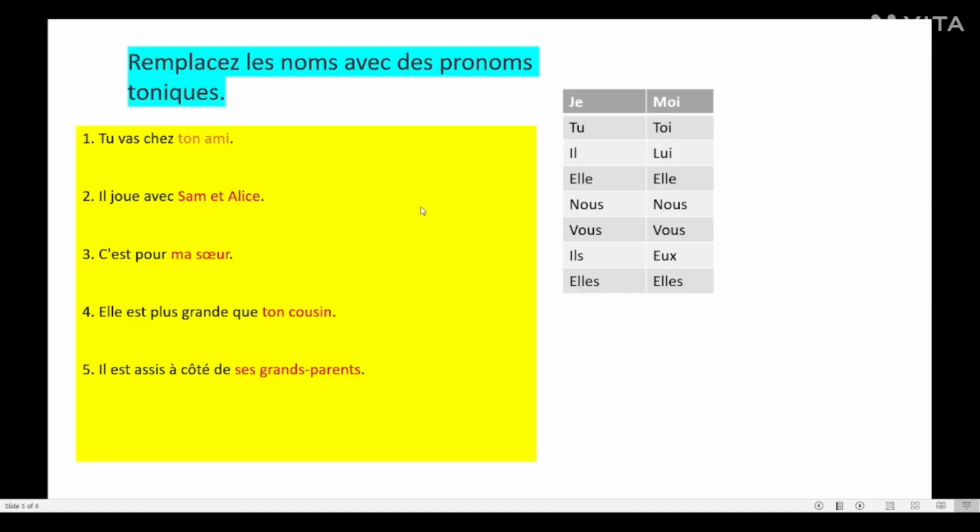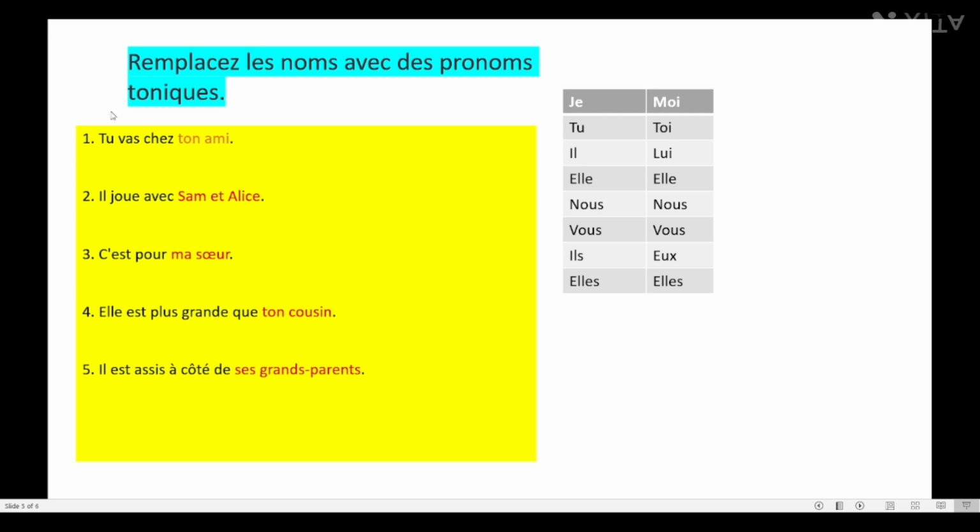Okay. Let us move ahead. Next: remplacez les noms avec le pronom tonique. So, replace the noun with the pronom tonique. First example: tu vas chez ton ami. You go to your friend's house.